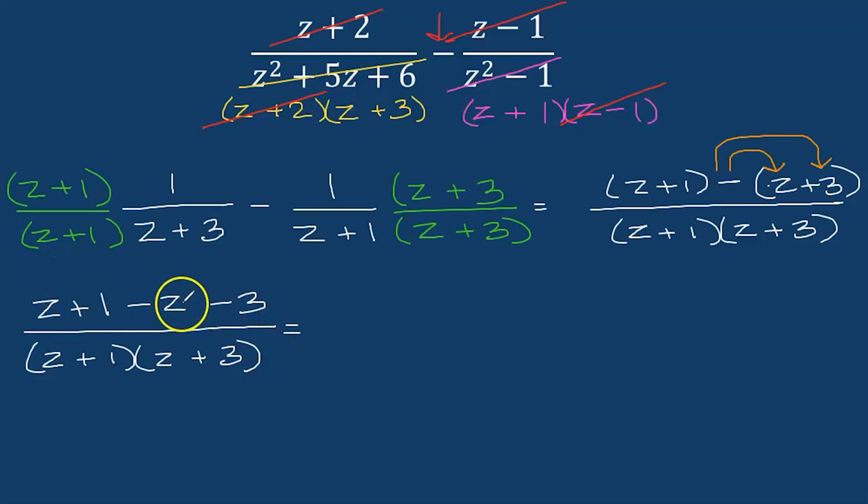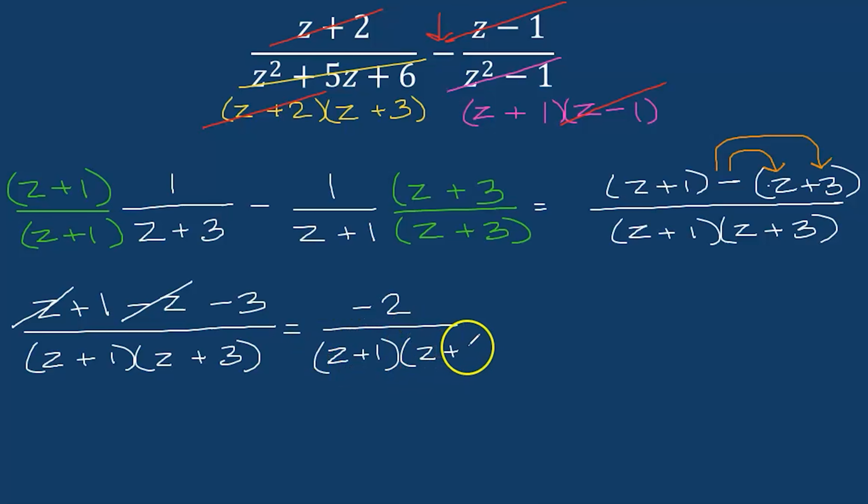Z minus z is 0. So now we have no z's in the numerator. 1 minus 3 is negative 2, and our common denominator is z plus 1 and z plus 3. This is my final answer in factored form.